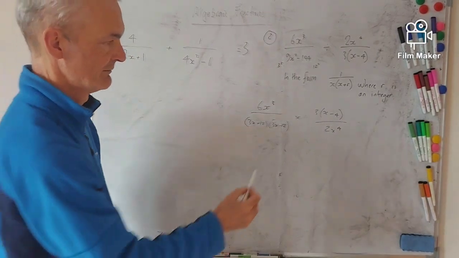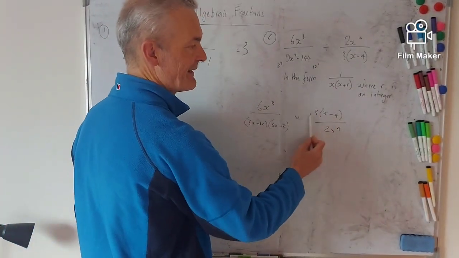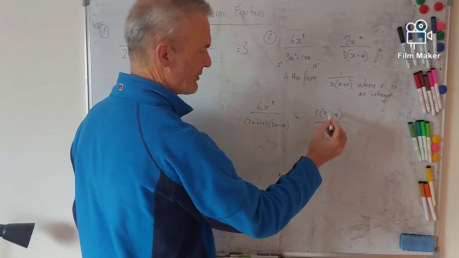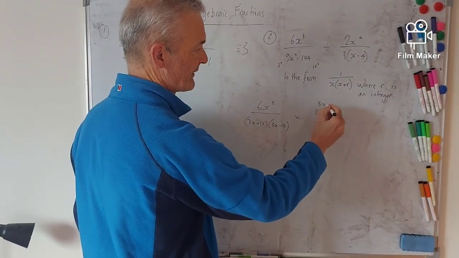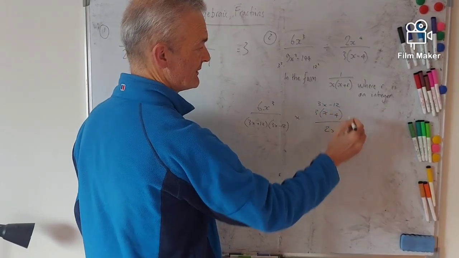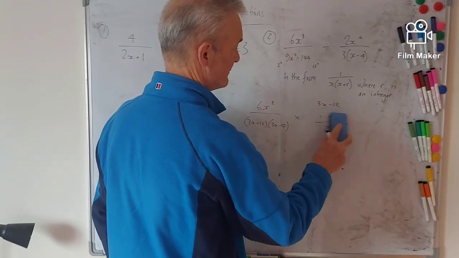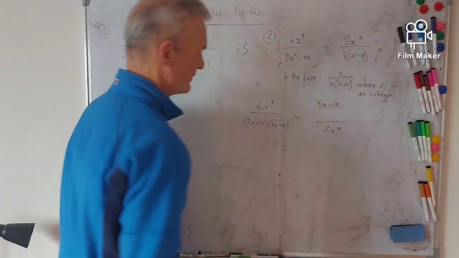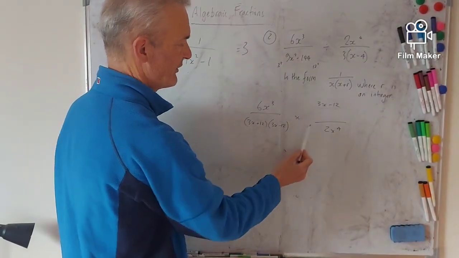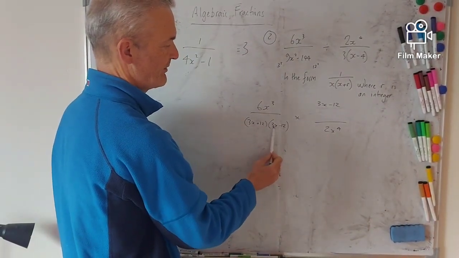Now, I should have probably expanded this first. So if I do that, just above 3 times x is 3x minus 12, like so. Okay, so you can see we've got a 3x minus 12 on top, and a 3x minus 12 below.